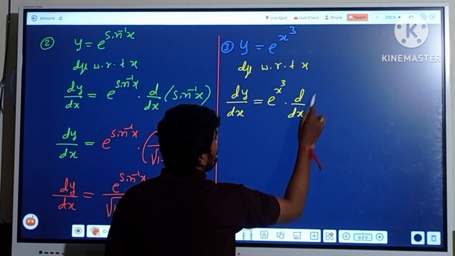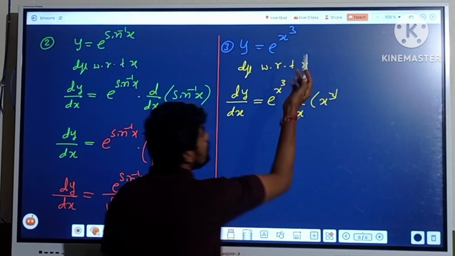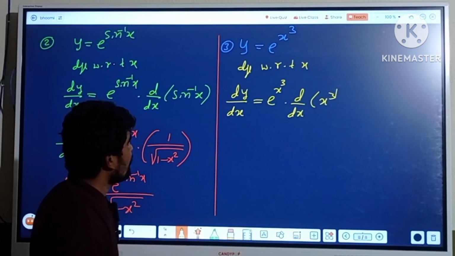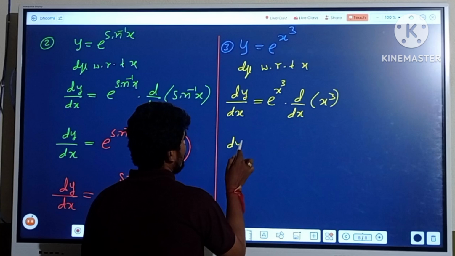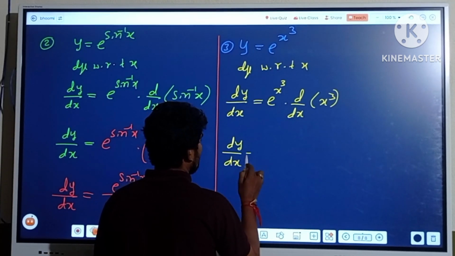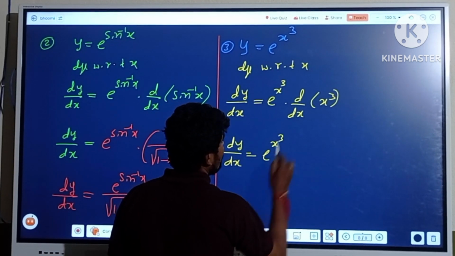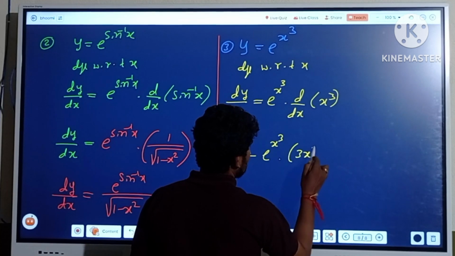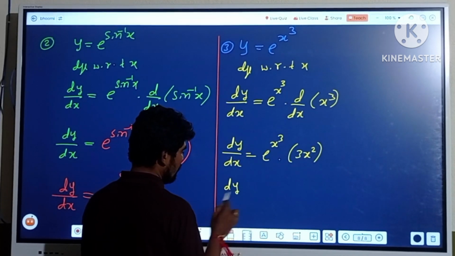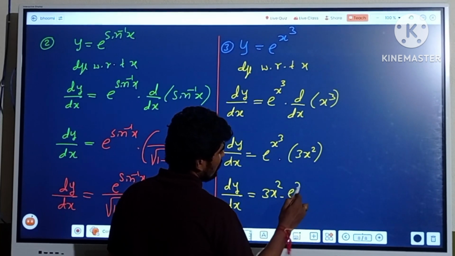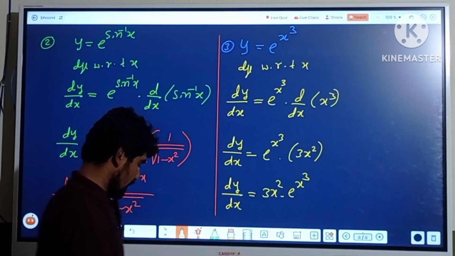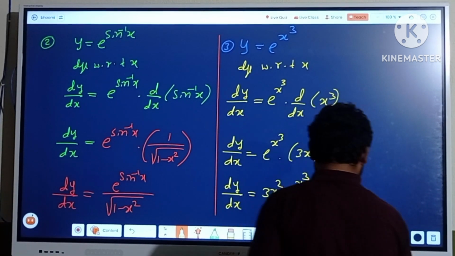Derivative of x cube, because it is of the form e power f(x). So therefore dy by dx is equal to e power x cube into derivative of x cube, which is 3x square. Therefore required dy by dx is equal to 3x square into e power x cube. So I hope all of you are understanding.